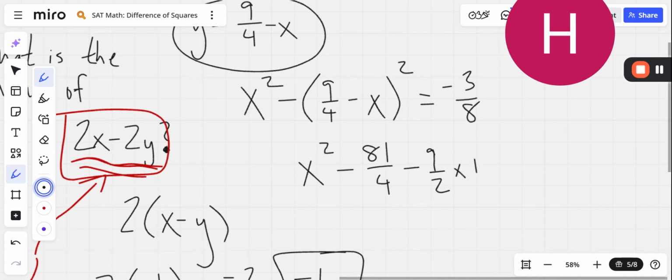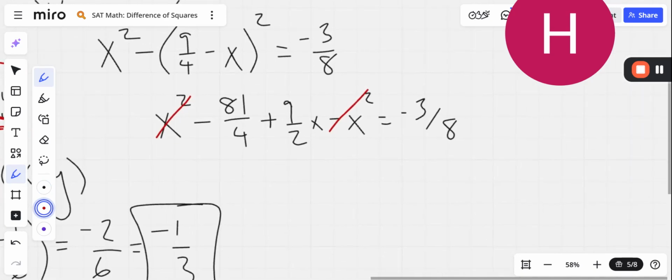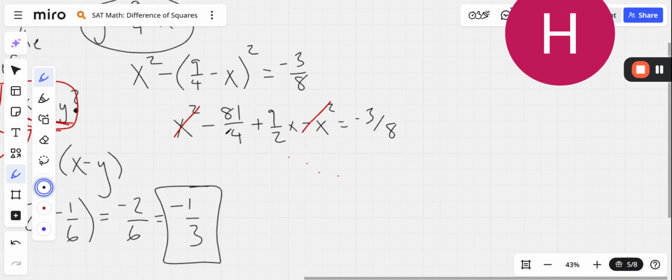In case you're curious what the expansion would look like, this would allow us to solve for x. But notice how we really don't even need to solve for x at all. So this process gets us to the correct answer, but it's not time efficient.